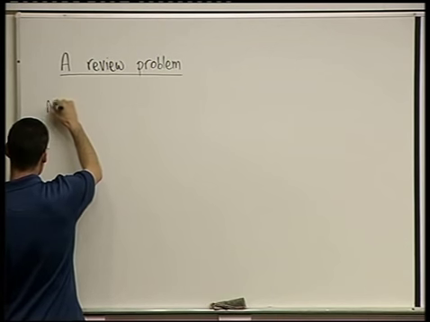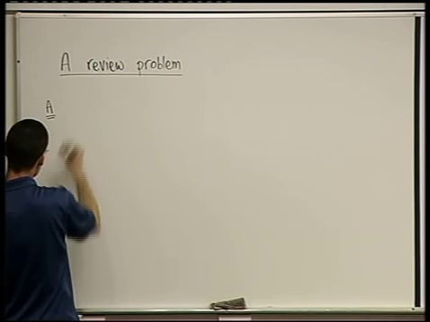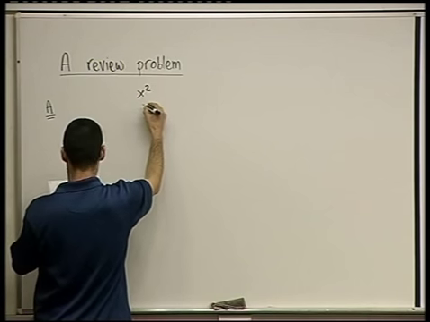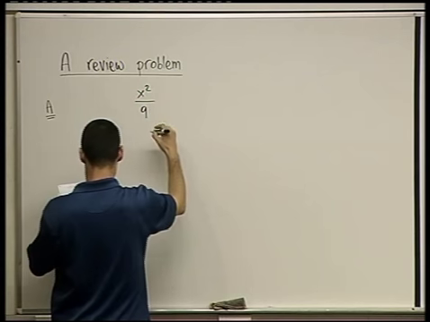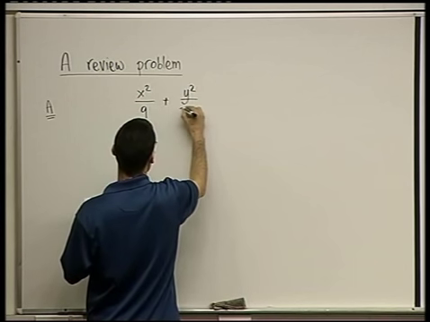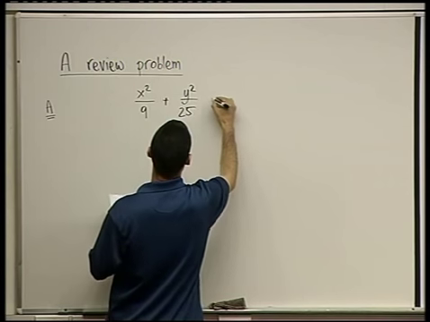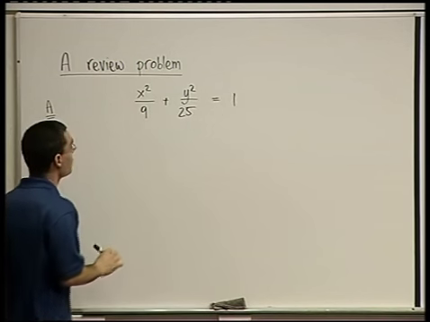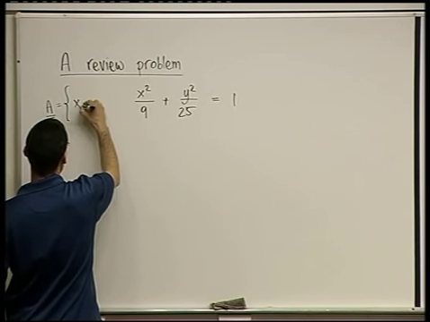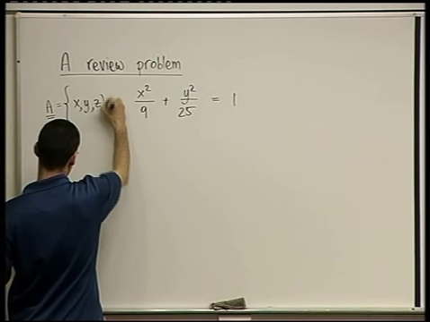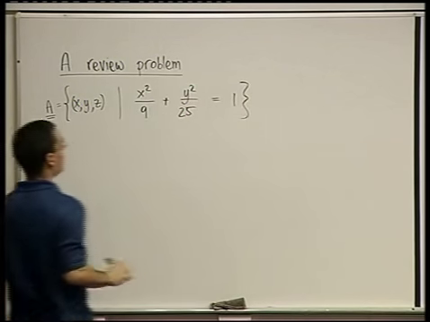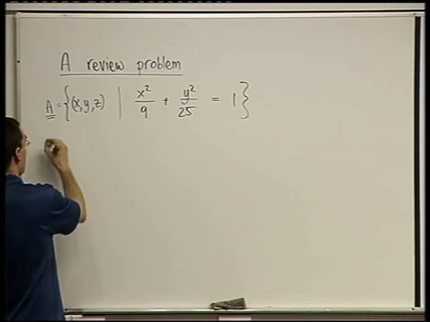The surface A is the set of points that satisfy x squared over 9 plus y squared over 25 equals 1. So this is the surface A, or if you want to write it more formally, A is all the points x, y, z such that this is satisfied. So that's the surface A.